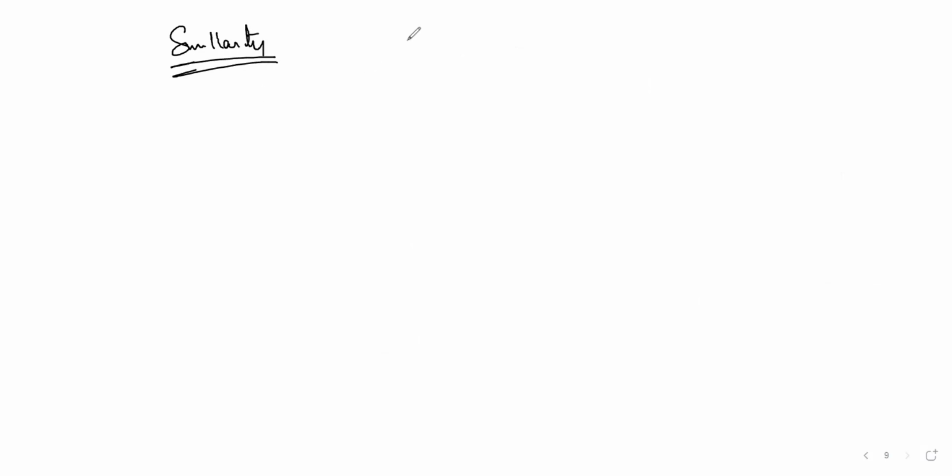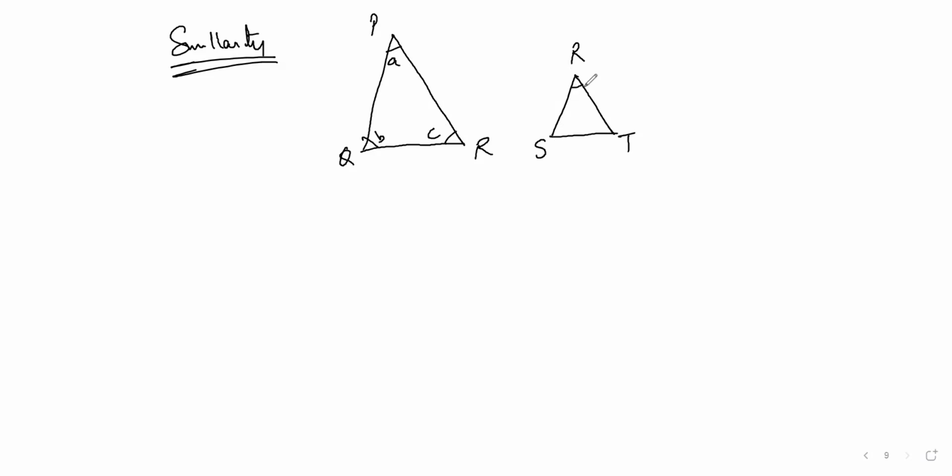Suppose you've got PQR with angles A, B, C, and you've got RST with angles A, B, and C. When two triangles are similar, PQR is similar to RST.